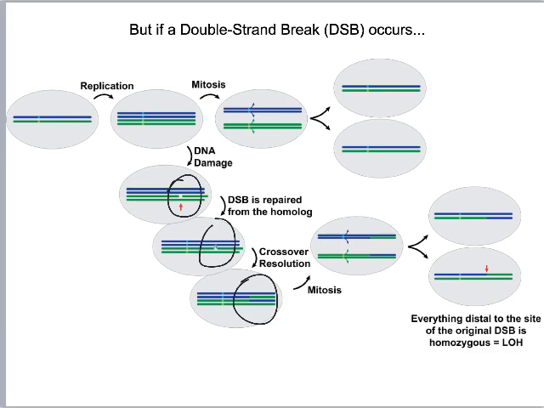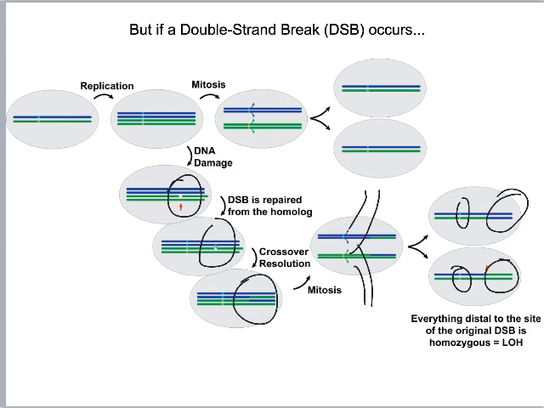In that case, the centromeres at the next mitosis are going to do the right thing, and they're going to send one centromere off this way, one that way, one this way, one off that way. Except now, when the centromeres did the right thing, they've got a maternal and a paternal copy in each of the daughters, but we dragged along the distal arm of the broken chromosome so that now out here I'm homozygous and I just have the blue information.